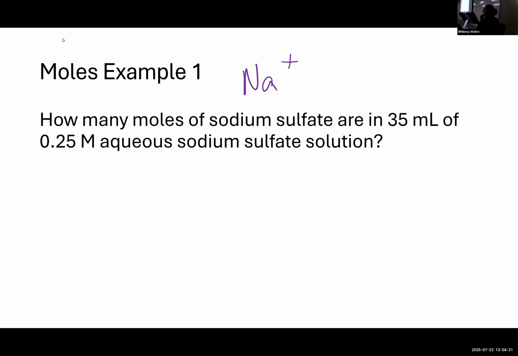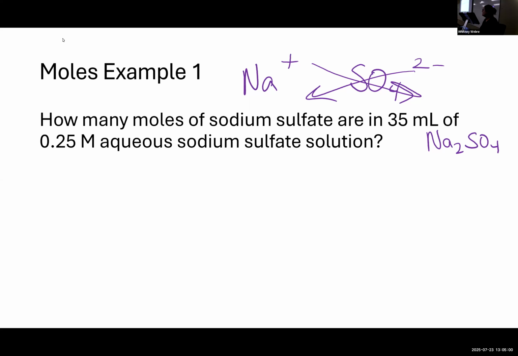What is sulfate? Y'all remember? And then the charge? Minus what? Yes, 2. Okay, so this one would require a crisscross, so this would be Na2SO4.